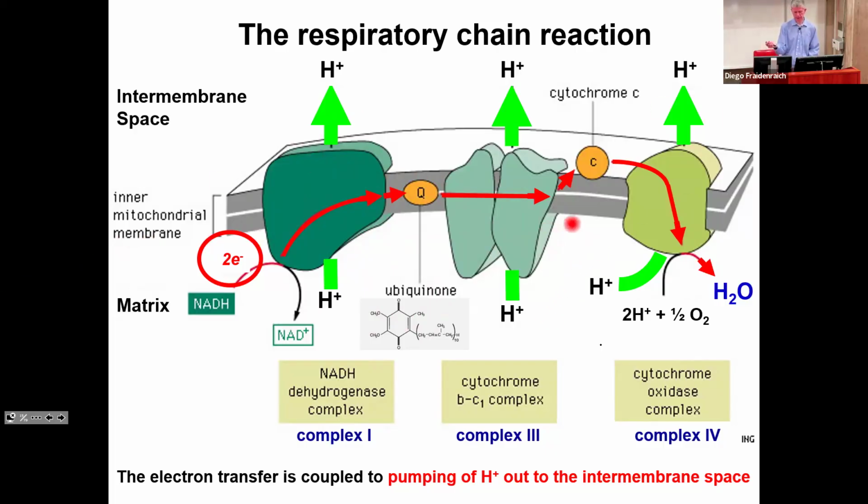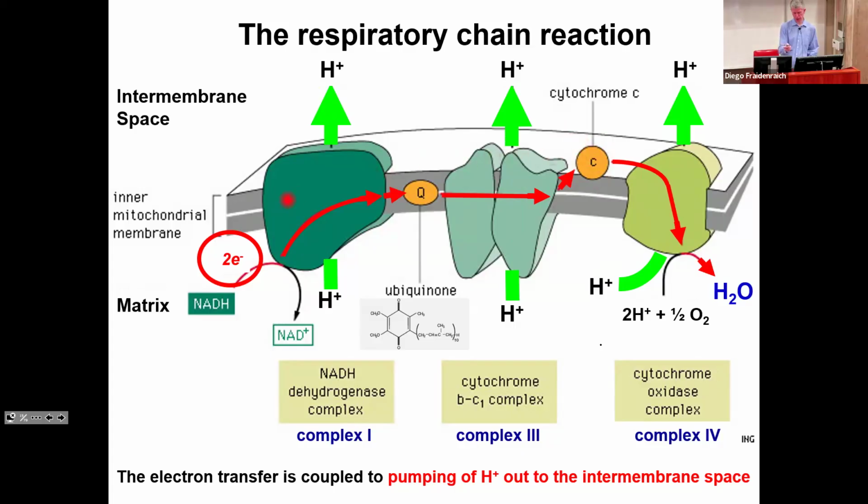And then there is cytochrome C, which is sitting on the outer side of the inner mitochondrial membrane. It's in the intermembrane space, but attached to the inner membrane, and it also transfers electrons.